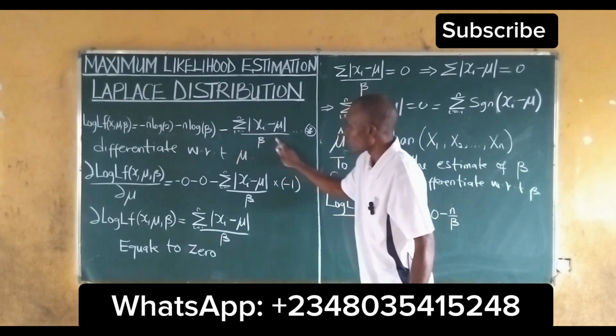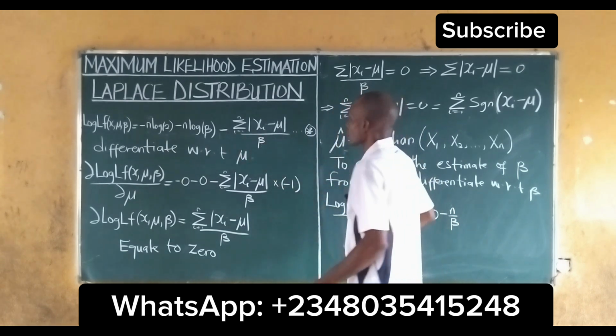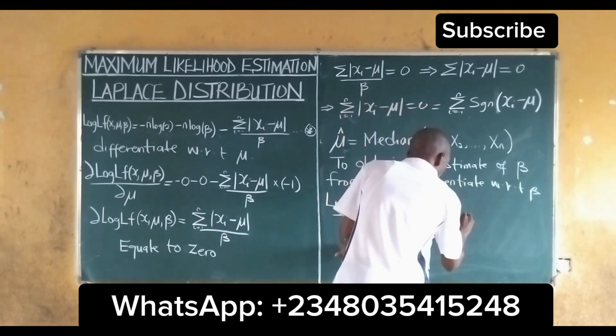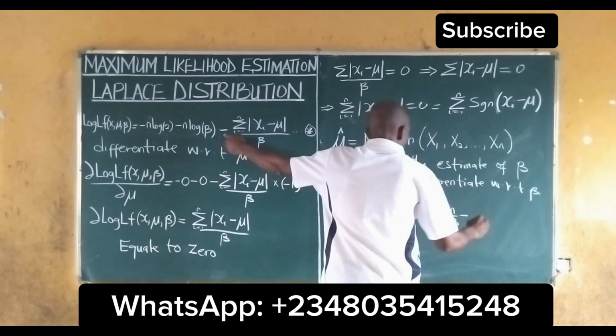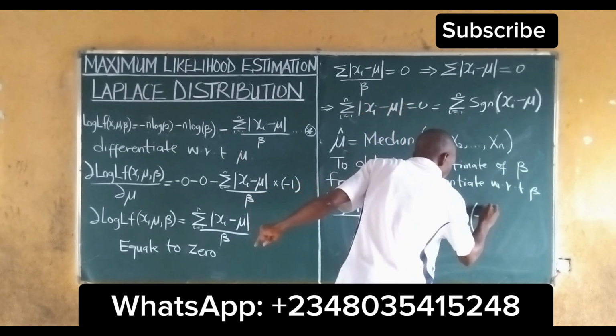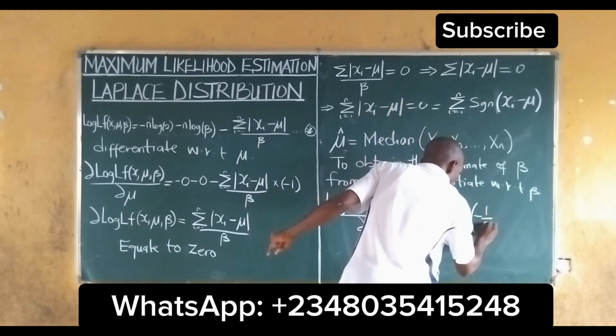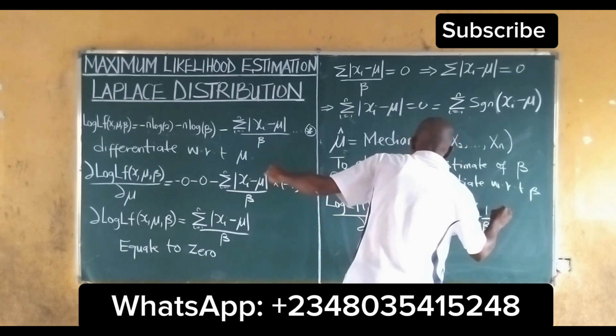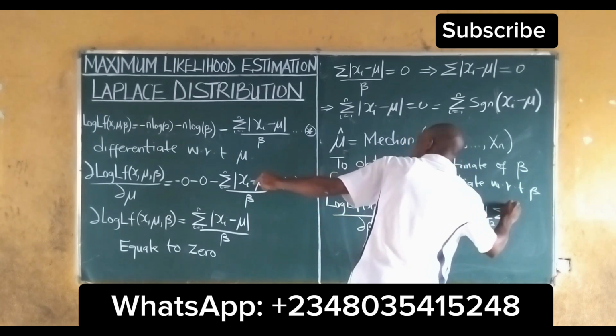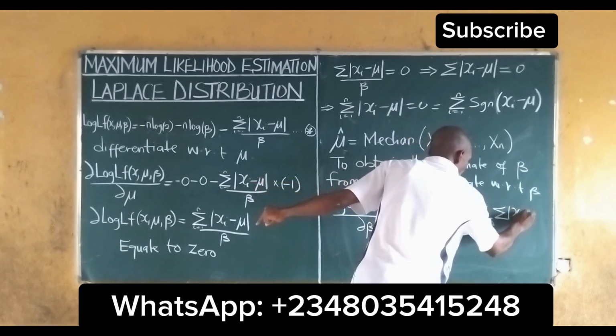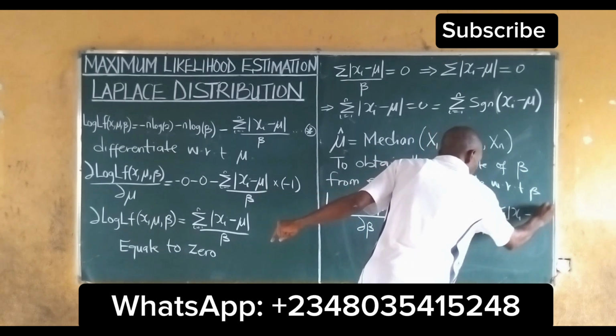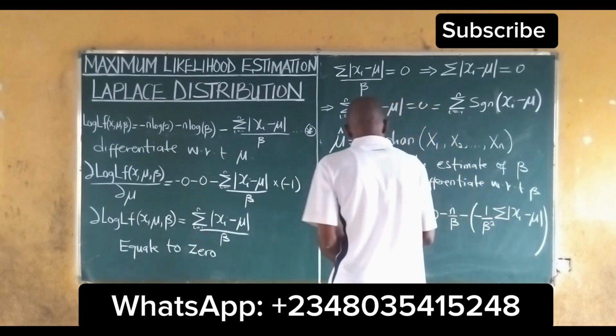If you differentiate the whole of this with respect to beta, you get, we already have a negative sign, negative 1 all over beta squared summation of xi minus mu. So this is what we get.